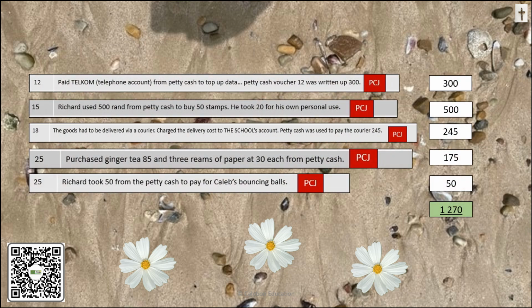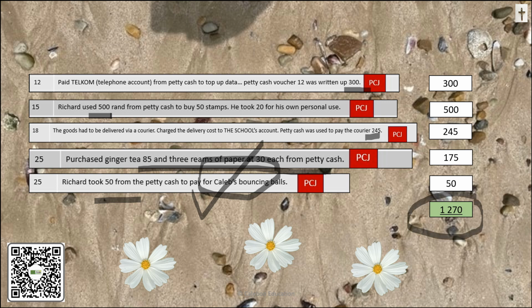This is just a reminder of how that petty cash amount was calculated. I took all the transactions for February, we added them up, 300, 500, 245, 175, and 50 to pay for all those bouncing balls of Caleb, and that is how the amount was calculated.